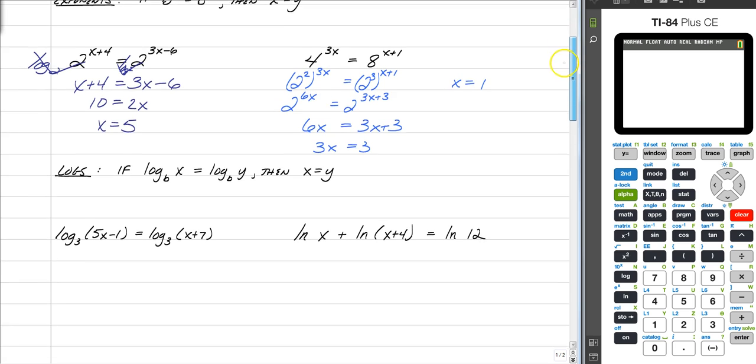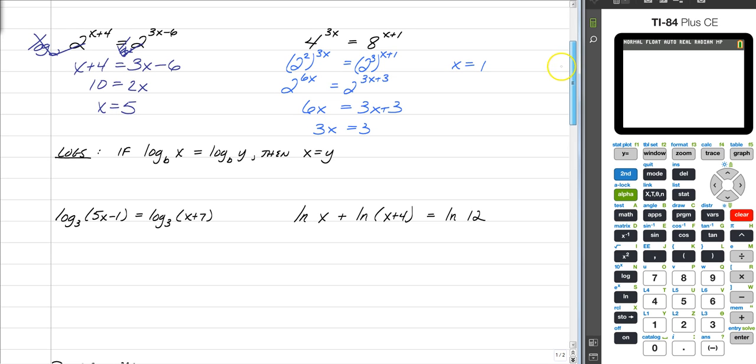Now, the other thing we can do is going to have pretty much the same rule: logs that have the same base. So if you have log base b of x is equal to log base b of y, well then again x is equal to y. Now in the first one I will show you again how it's mathematically done and why we can just set 5x minus 1 equal to x plus 7.